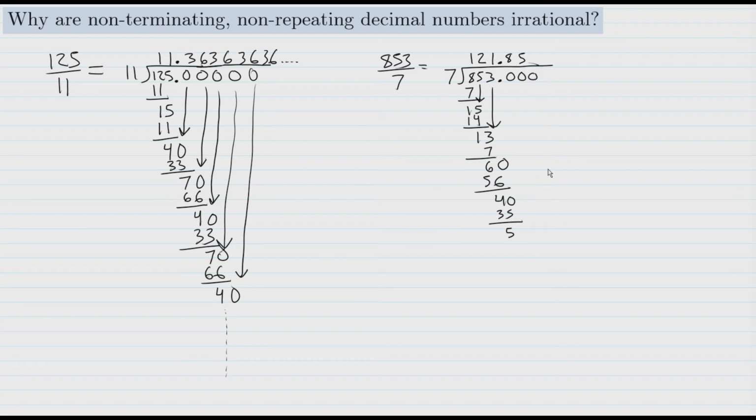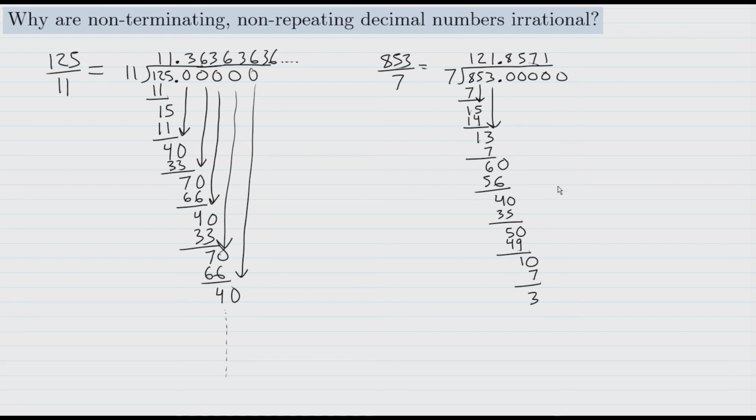So let's keep going. We'll bring down another 0, and 7 goes into 50 7 times. 7 times 7 is 49. Subtracting, 50 minus 49 is 1, and we'll bring down another 0. Still not seeing that pattern repeat yet. Just give it a little more time. 7 goes into 10 1 time. 1 times 7 is 7. 10 minus 7 is 3.